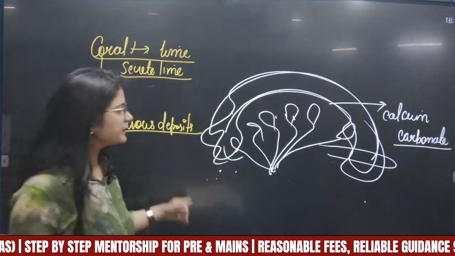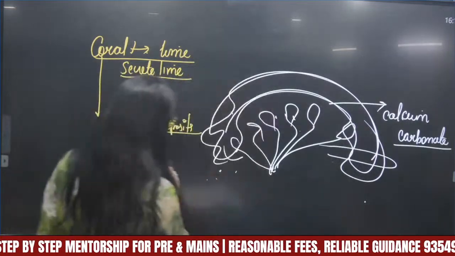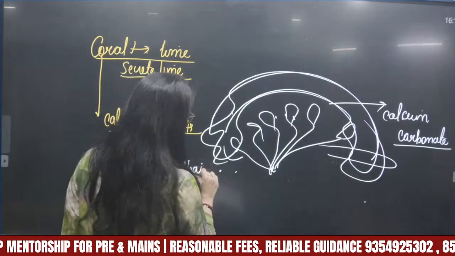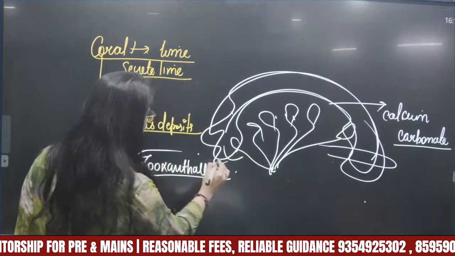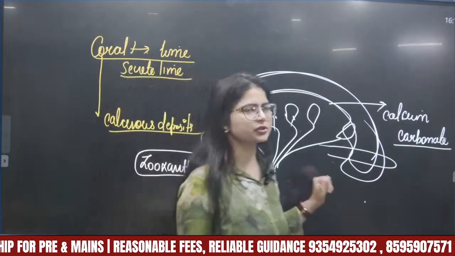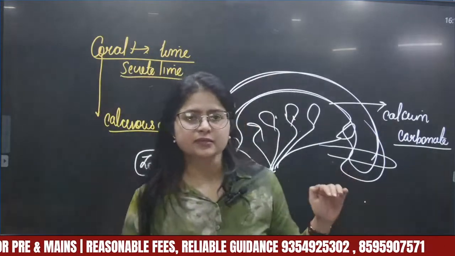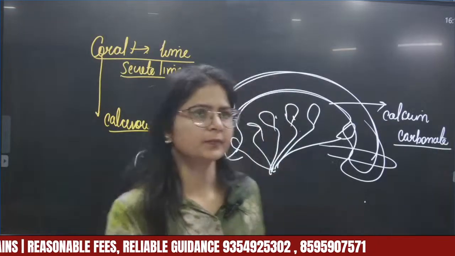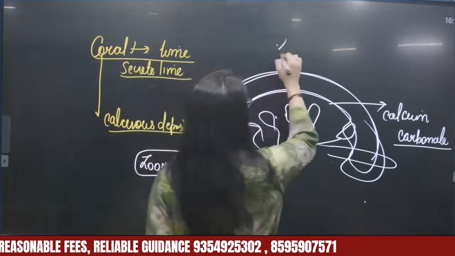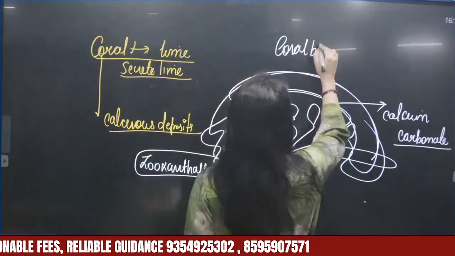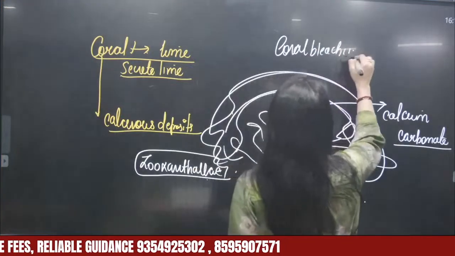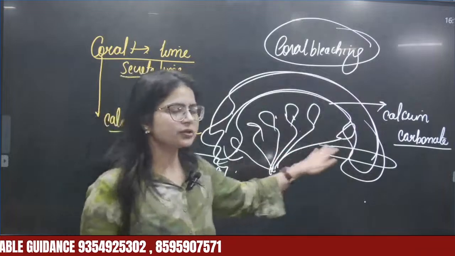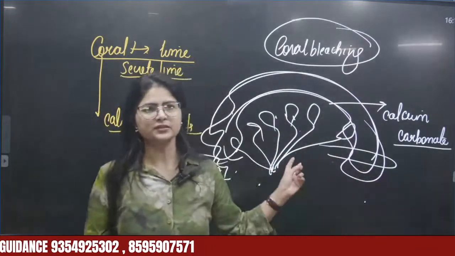So the point is, when the zooxanthellae dies because of the extreme conditions which have come in the particular location, then these go under the process which you call coral bleaching. इसको हम बोलते हैं क्या? We call this coral bleaching. Coral bleaching का मतलब है that no longer will zooxanthellae be able to support this system.